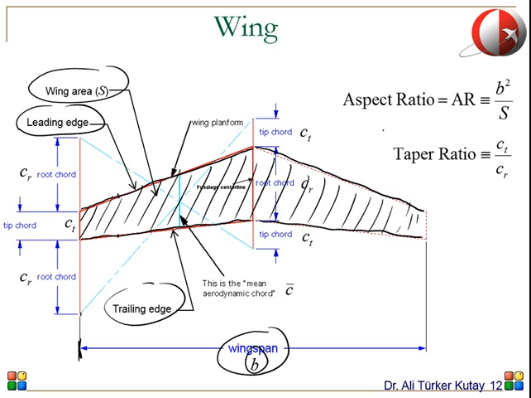As you see, that's not a fixed number. If you calculate the distance between the leading edge and trailing edge here, it's this much. And this is the chord length at the tip of the wing, which we call tip chord. So this is also a chord length, but at this position. It's a different number. And the chord length at the center is called the root chord. So it's different.